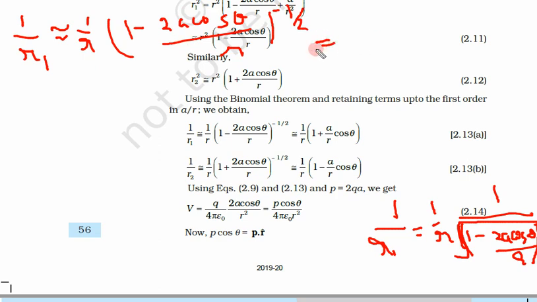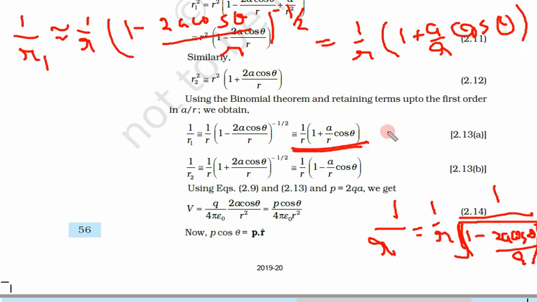The binomial theorem says that if this term is much smaller than 1, then we can apply the power inside. So applying the power, 1 upon r is there, and again 1. The minus half goes inside. When you apply this minus half on this term, 2 and 2 cancel out and minus becomes plus. So this is simply a upon r cos theta. So this is how we got this term.